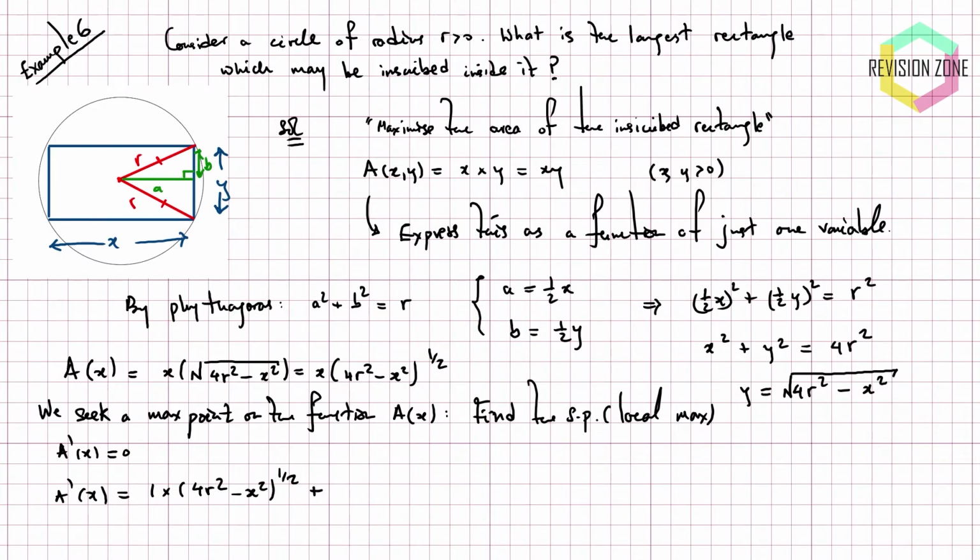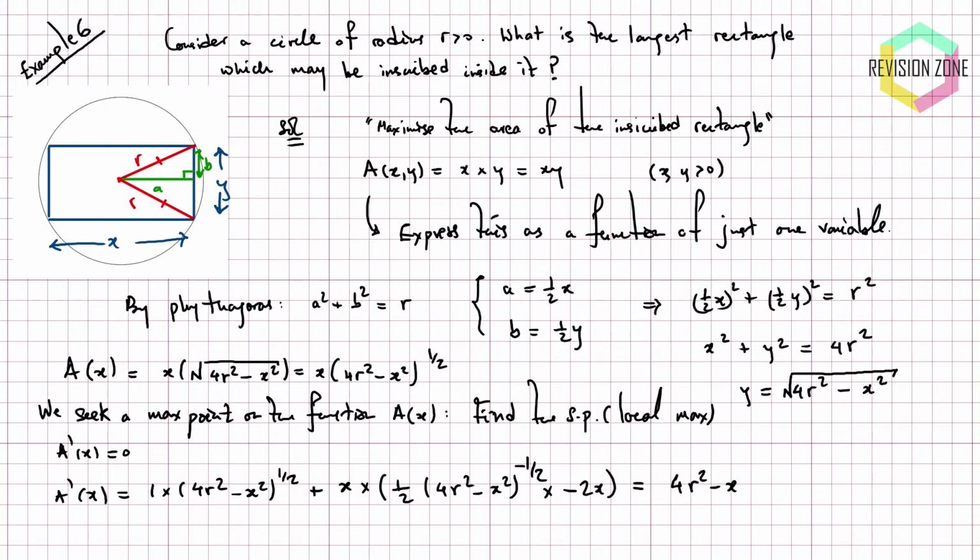And now I'm going to write down x and differentiate the other function. So it's going to be x times the derivative of the function in the bracket, which gives me, by the chain rule, a half (4r squared minus x squared) to the minus a half times negative 2x. And this can obviously be simplified.